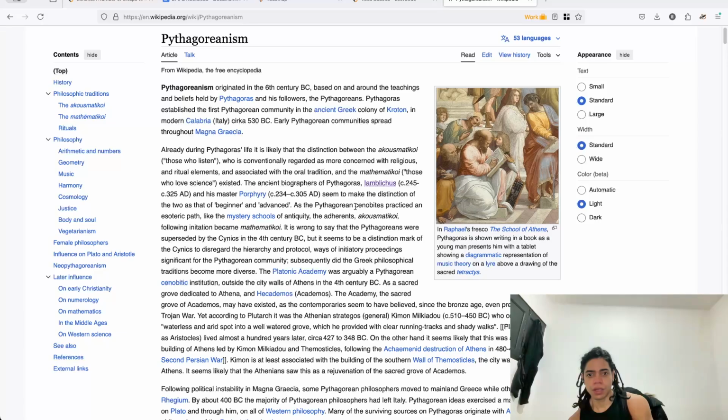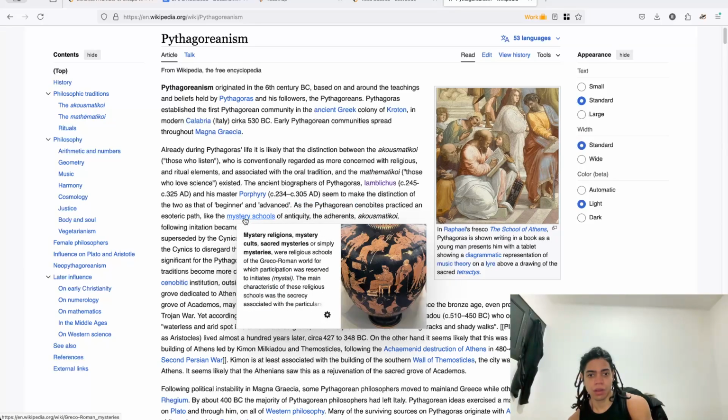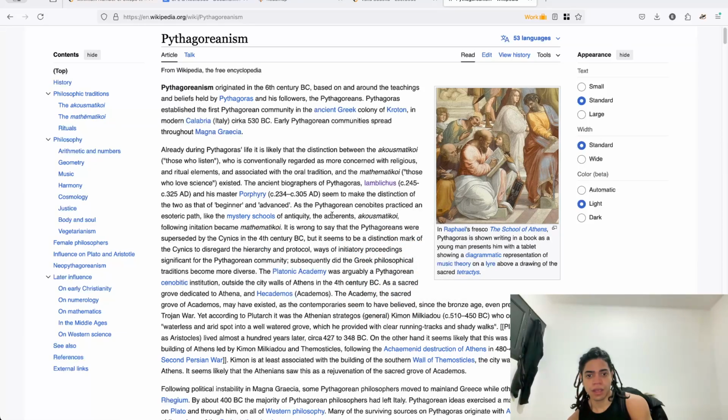As the Pythagorean Cenobites practiced an esoteric path, like the mystery schools of antiquity, the adherents, the acousmatici, following initiation became mathematici.